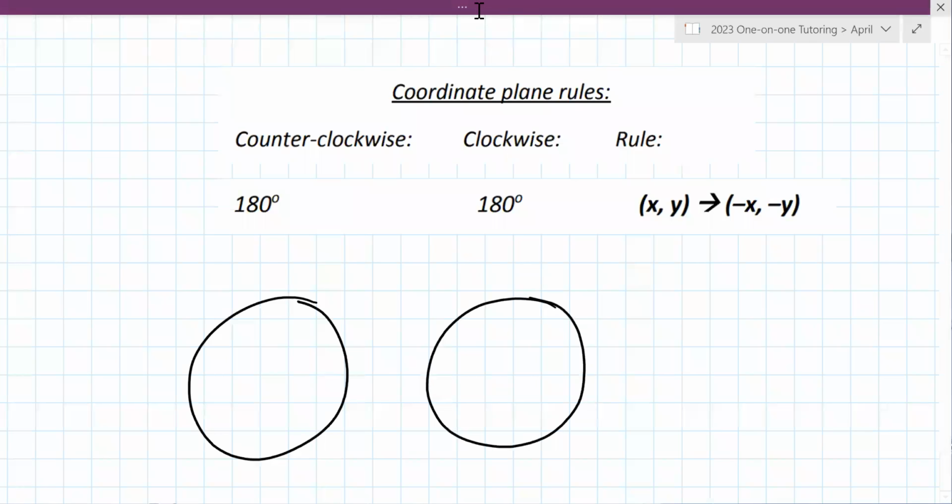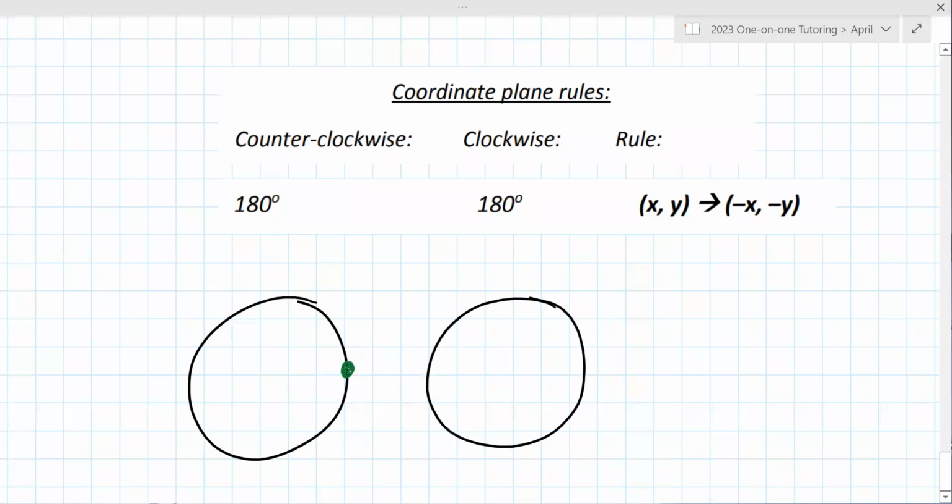Let's use a different color here. So green, that's our starting point. If we go counterclockwise 180, we get there. And if we go clockwise 180, we get there.